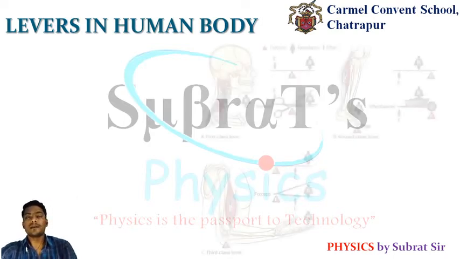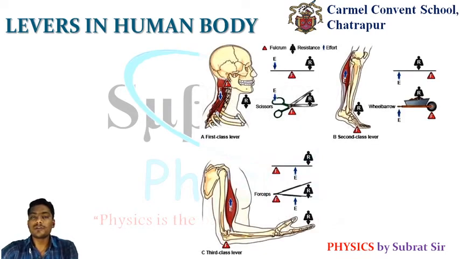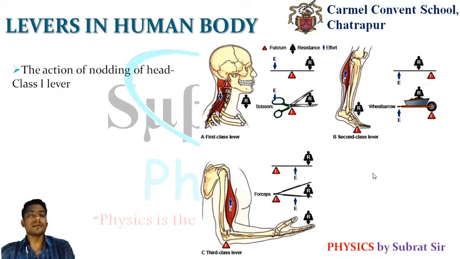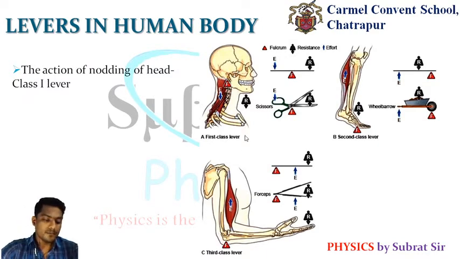Now I'll discuss levers in the human body. Let us look at the picture. Here there is a human skull, and here the leg part, and here the arm. So one by one we'll discuss. Now see the first one, the action of nodding of the head.